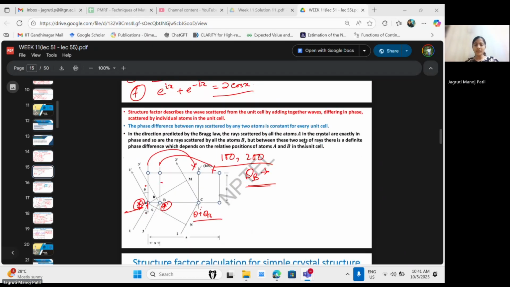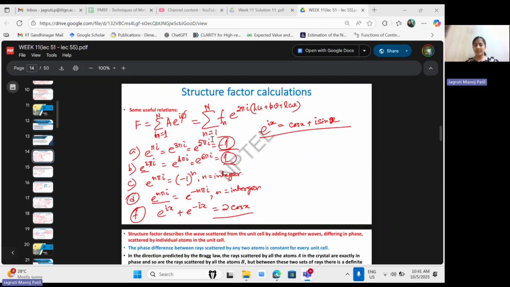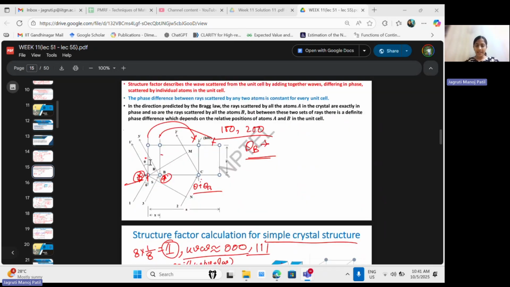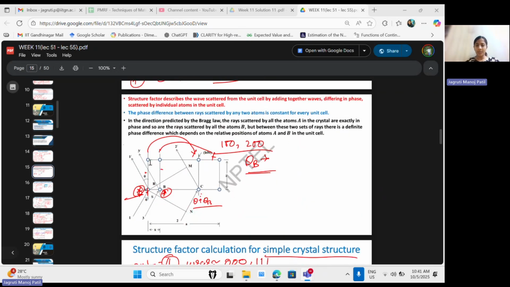I guess it would be great if I had something to write with, but I hope this particular slide is very clear to you, with very important relationships to remember. So we saw the structure factor, which describes the waves scattered from the unit cell by adding together all the scattered waves differing in phase, scattered by individual atoms in the unit cell. The phase difference between the rays scattered by any two atoms is constant for a unit cell.